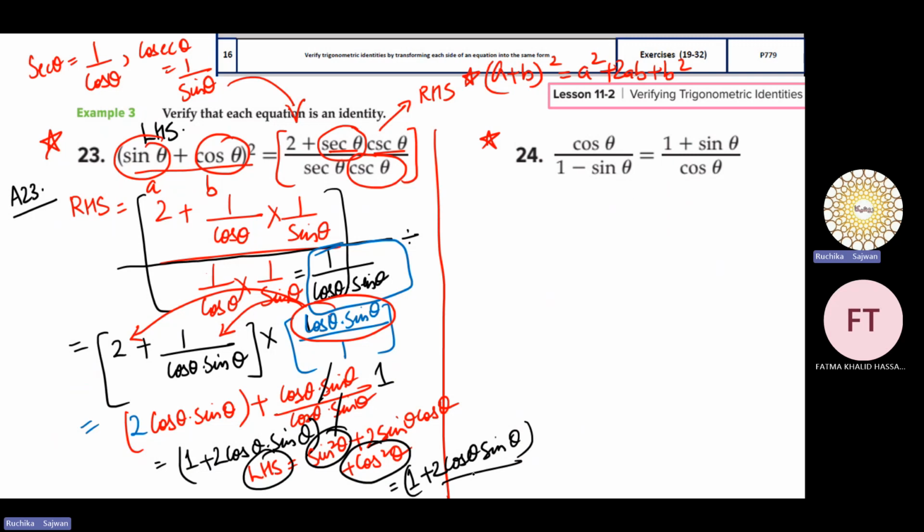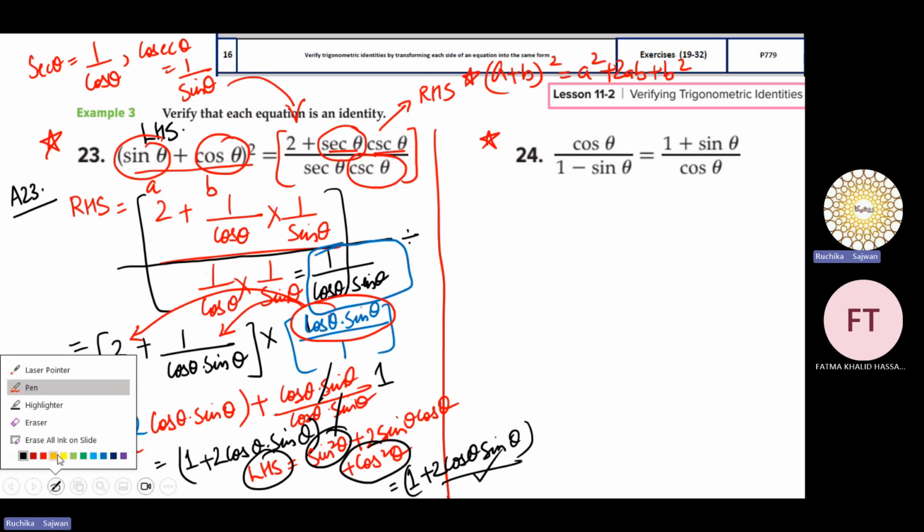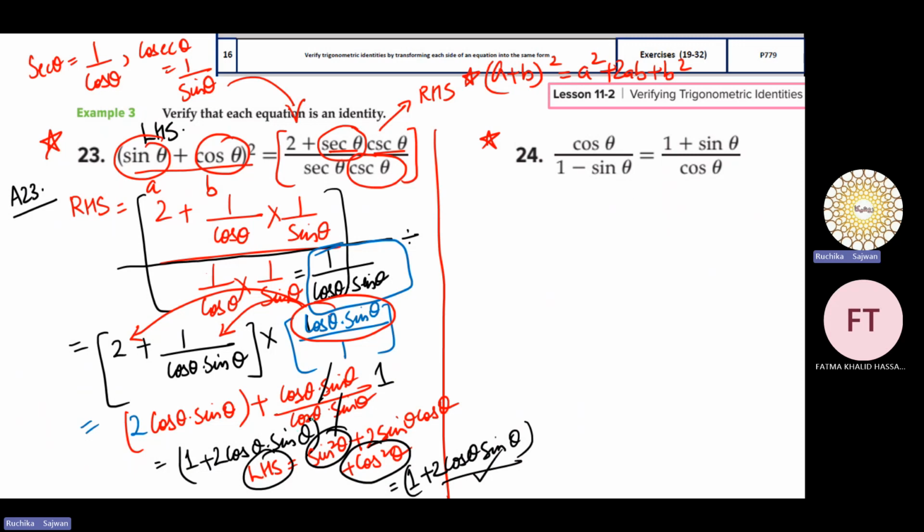The left side came out to be this. The right side also came out to be this. So both are equal. And if both are equal, have we verified the identity? Yes. So left hand side equal to right hand side, hence verified. Very, very important. Okay, now let's try question 24.